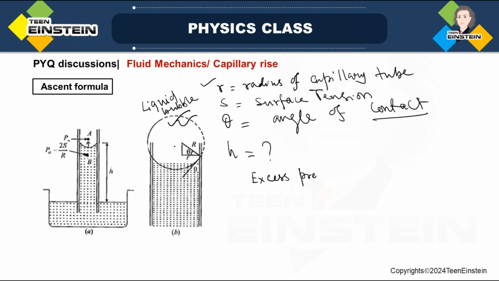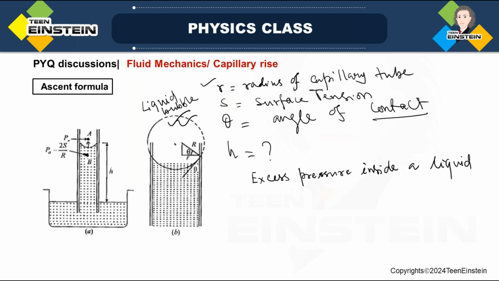Then we can find the excess pressure inside this bubble. We take the bubble to be ideally spherical.